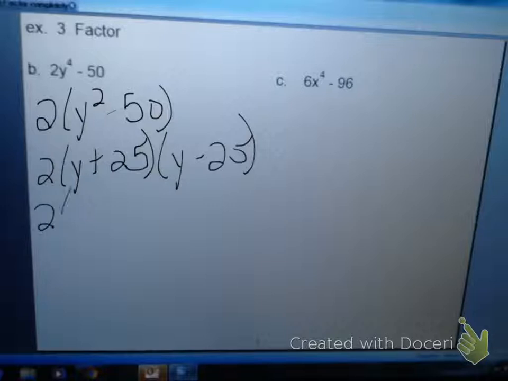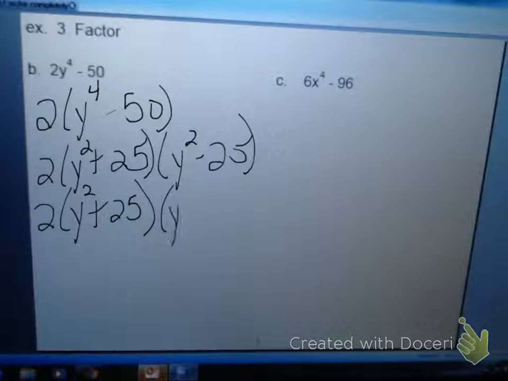So you just bring that down. Oh, I messed up here. That should be a y to the fourth. Sorry about that. And then y squared minus 25, that can factor into y plus 5 times y minus 5.